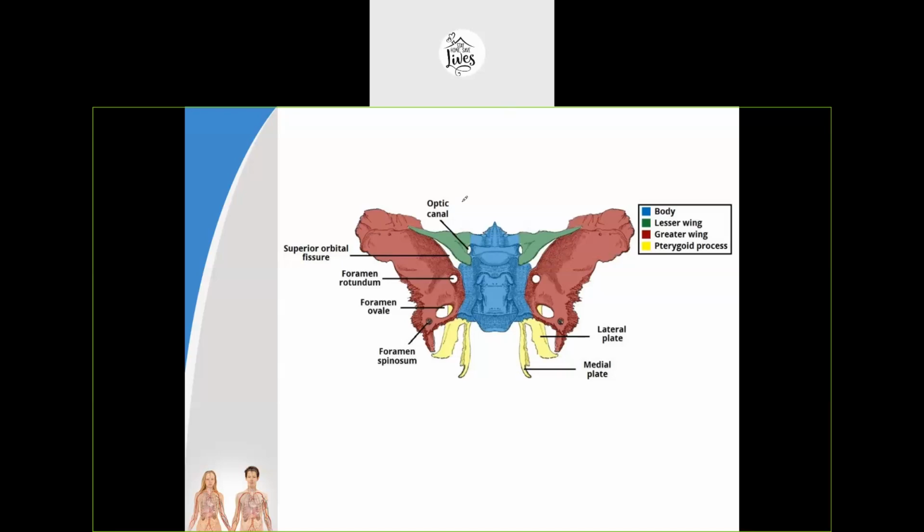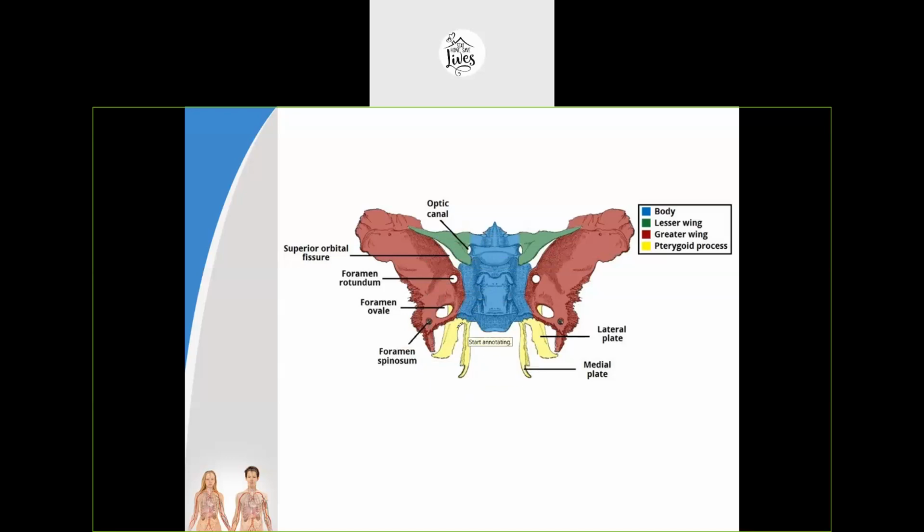Now let me continue with the greater wings. The greater wings are making up the middle cranial fossa, as well as the orbit. The horn-shaped lesser wings form part of the floor of the anterior cranial fossa and part of the orbit. As for the pterygoid processes, pterygoid means wing-like.